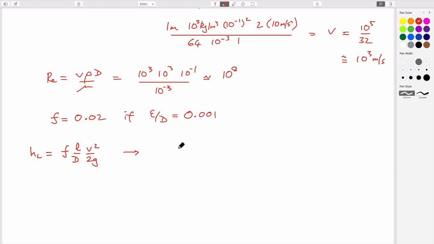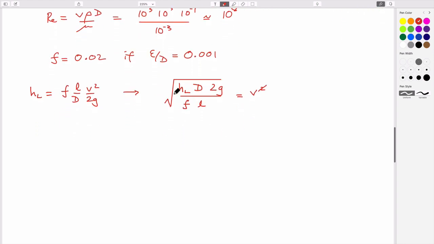And so that will be the head loss, which we said was a meter, the diameter of the pipe times 2 times gravity divided by the friction factor and the length of the pipe has to equal V squared. And so if we get rid of V squared, we do that just by taking the square root of this. And so that's the point, that since we don't know the velocity in the first place, we have an initial guess, and we have to move to now refine that guess by having something that we now know.